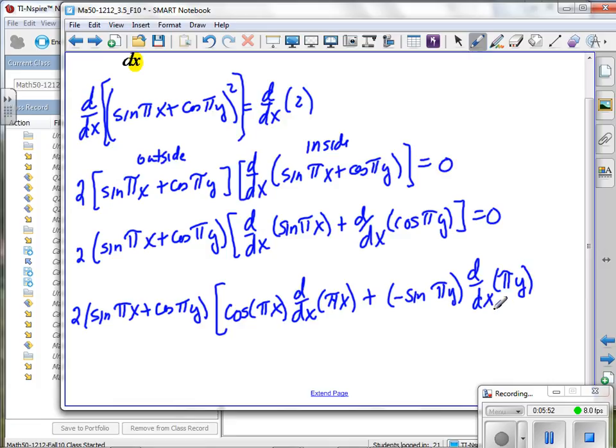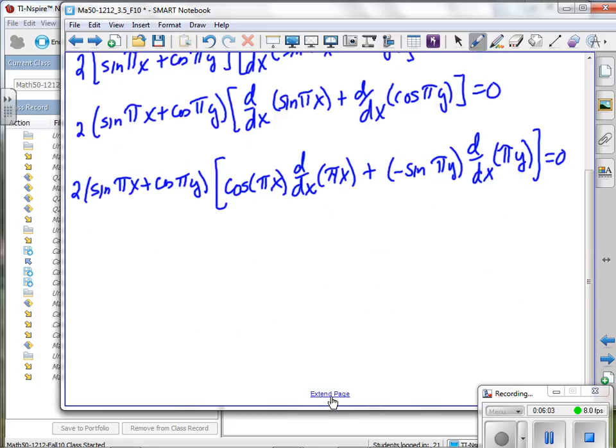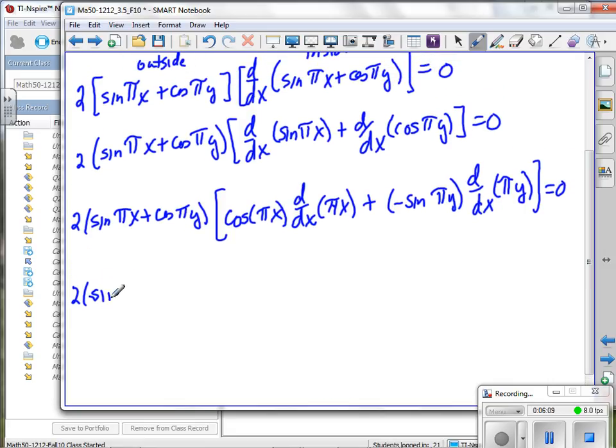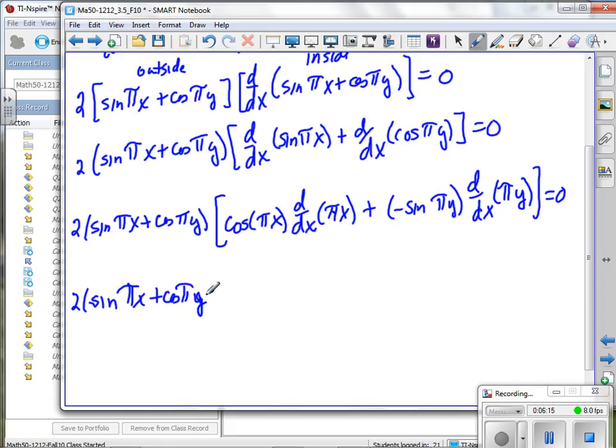So I said chain rule. We're actually using the chain rule, but we're also using the implicit rule here. Okay, equals 0. There we go. 2 sine pi x plus cosine pi y. There we go.